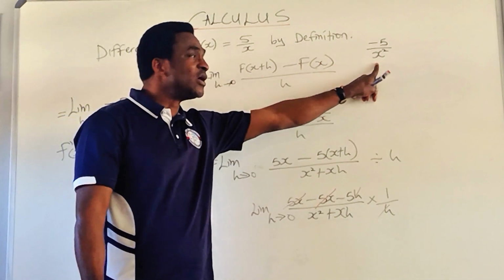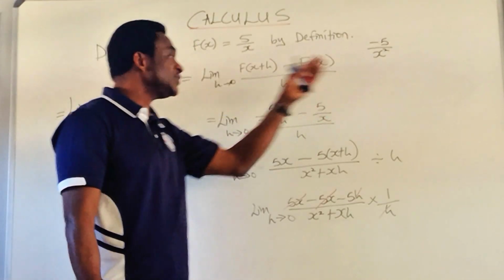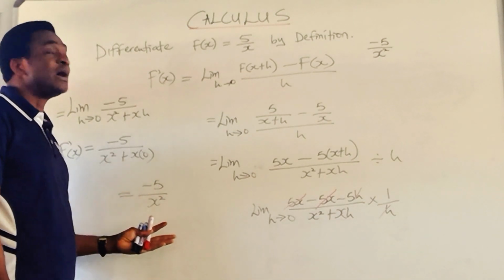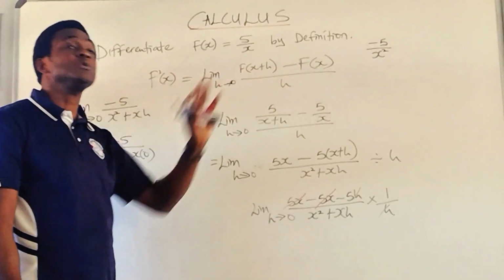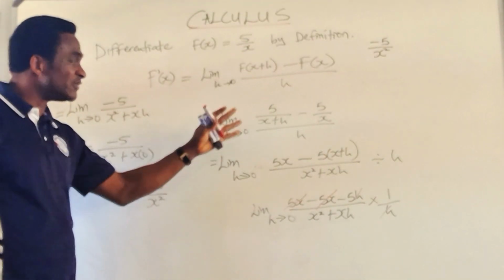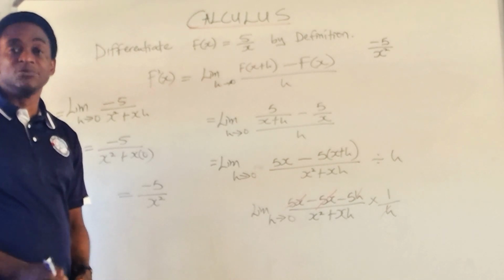Remember, this is just done as a check, and then you can continue working on your definition. And after, you must compare what you have here with what you have there to be sure that you have not messed up the sign anywhere.